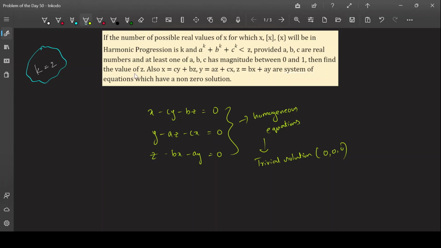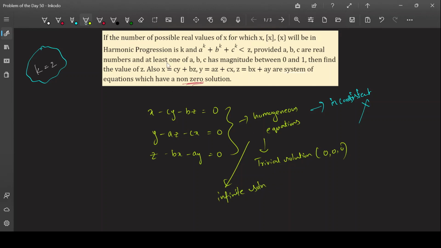But in the question it is clearly mentioned that we have a non-zero solution. We also need to remember that homogeneous equations can never be inconsistent. So either they have the trivial solution, that is 0 comma 0 comma 0, or the other case would be infinite solutions.